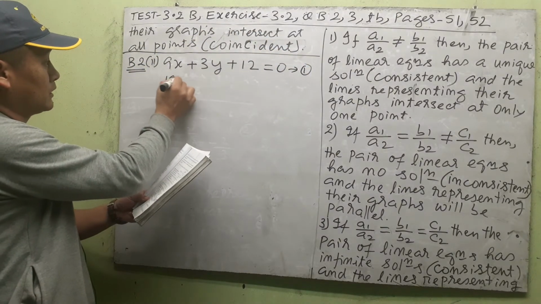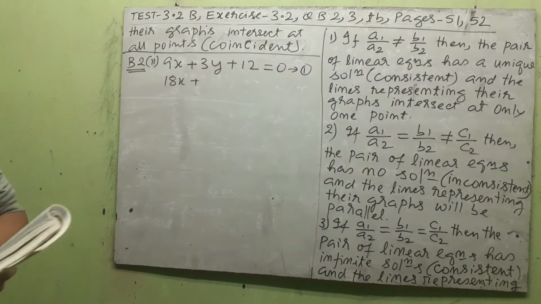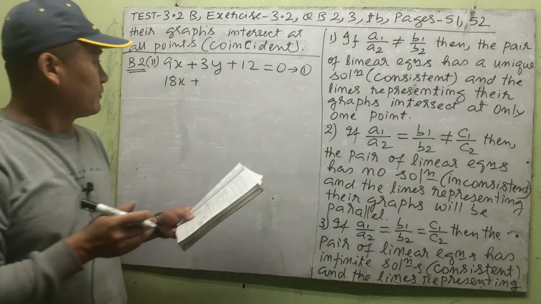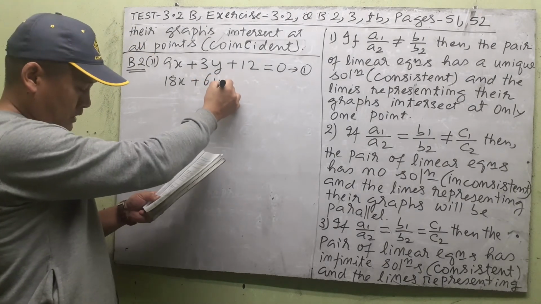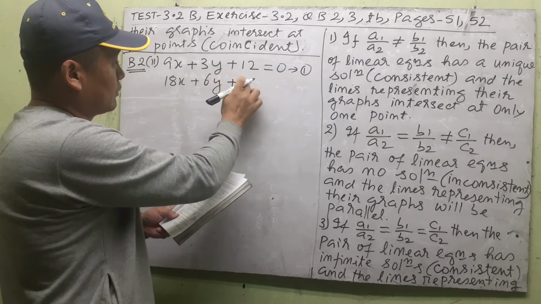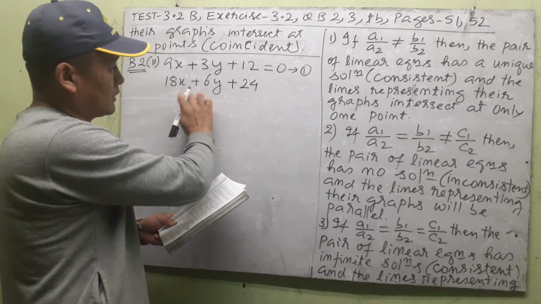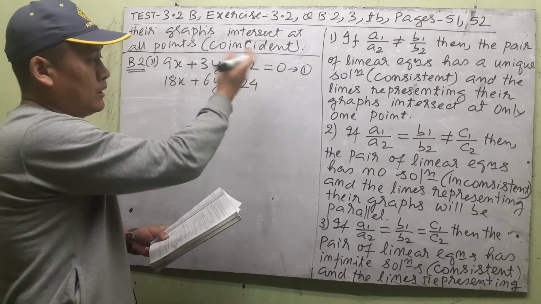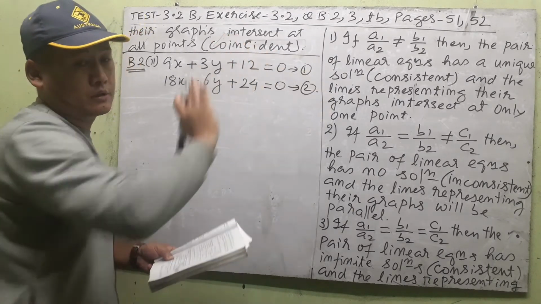The next one, 18x plus 6y plus C2, 24. The term having no x and y is called C2 or C1, both on the left side, so that's correct, as I've said in the first case also.